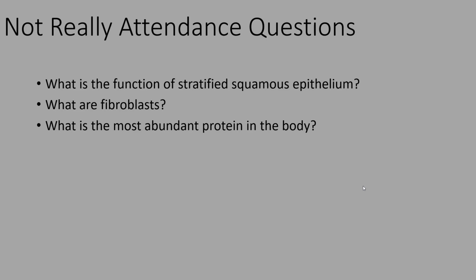We find these a lot in connective tissue where they make things like collagen or elastic fibers or reticular fibers, things like that. And what is the most abundant protein in the body? The most abundant protein in the body is collagen. And all three of these are going to come into play in today's lecture.